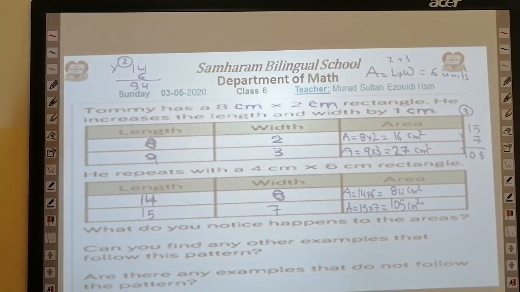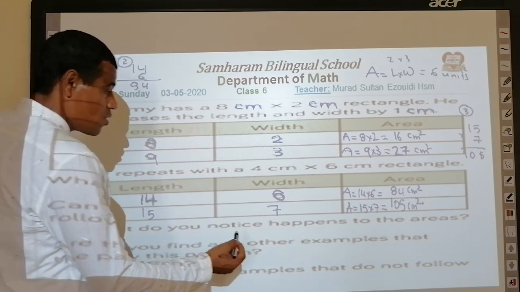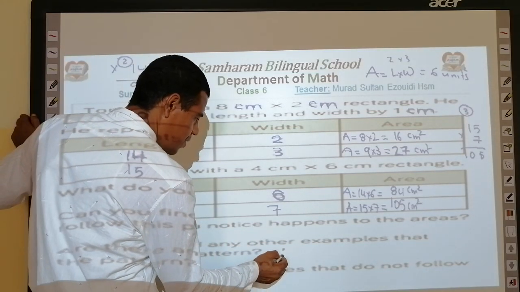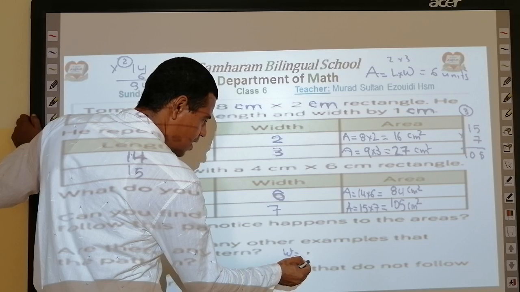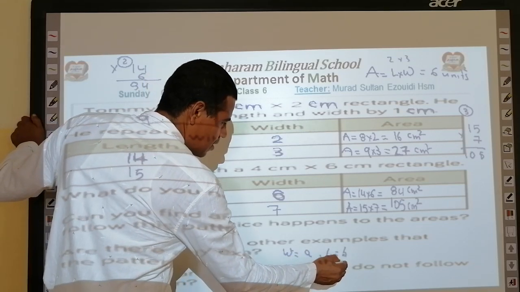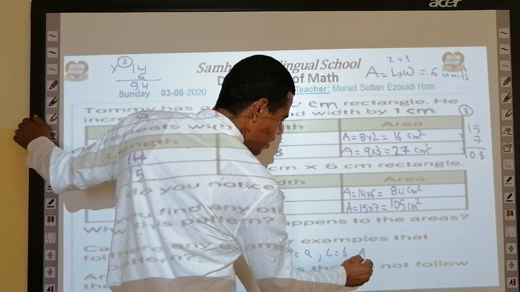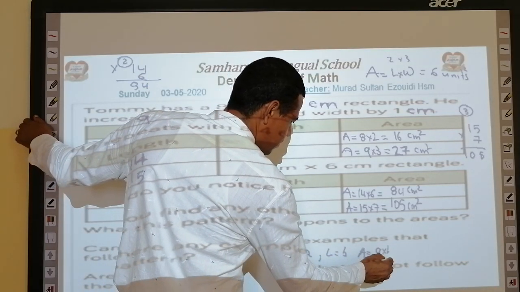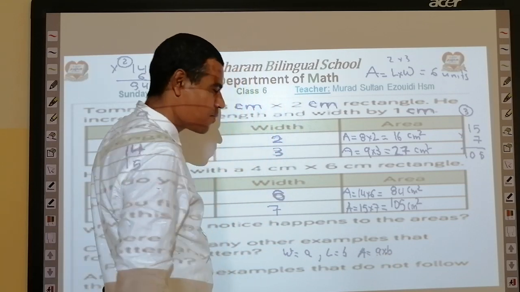Okay? So in general, my learners, if you have a width, for example, A, and the length is B, so the area is what? Is A times B, means length multiplied by width.